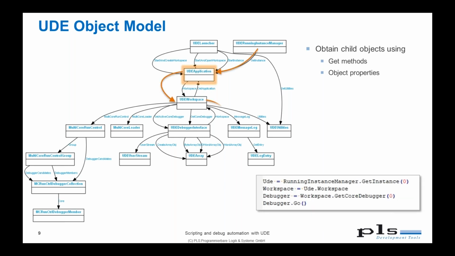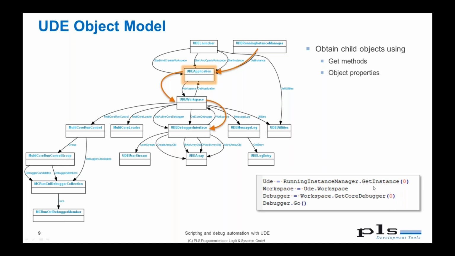For example, if you want to get the debugger interface, for example, to load an application into the specific core, or to start the application on this specific core, you access this object by using several properties or functions or methods of the object model.